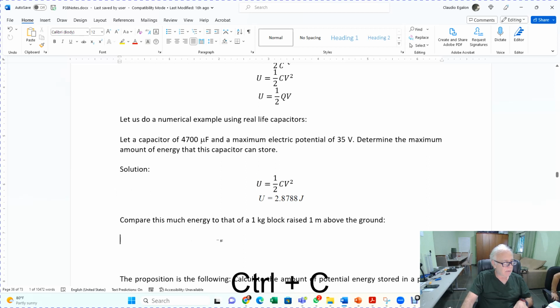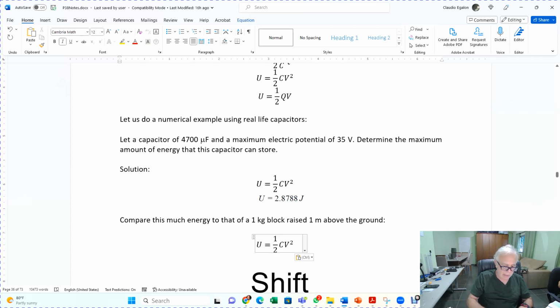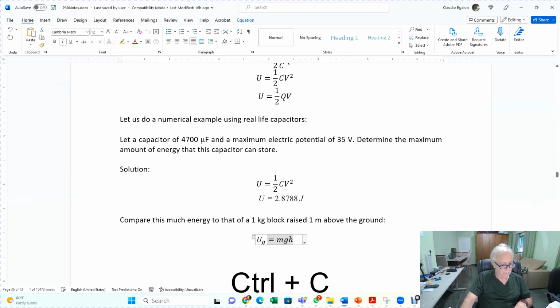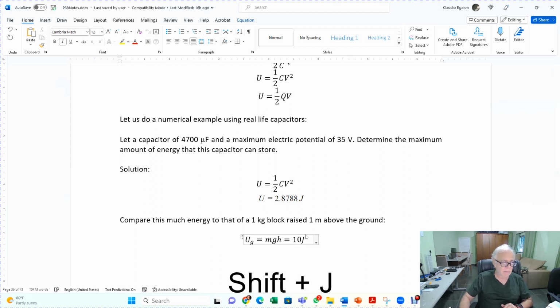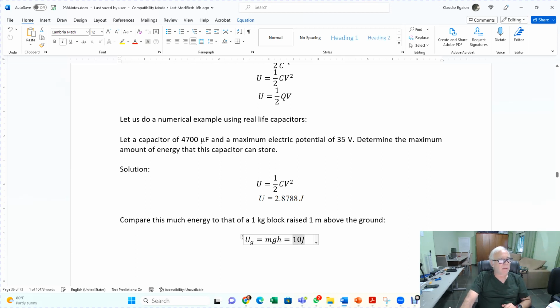The other one is going to be the gravitational potential energy. So I'm going to use lowercase g. It's going to be mgh. Well, m here is going to be 1 kilogram, g about 10, h is 1 meter, so 10 times 1 is going to be 10 joules. So when we raise a 1 kilogram block a meter high, we're going to store 10 joules of potential energy.